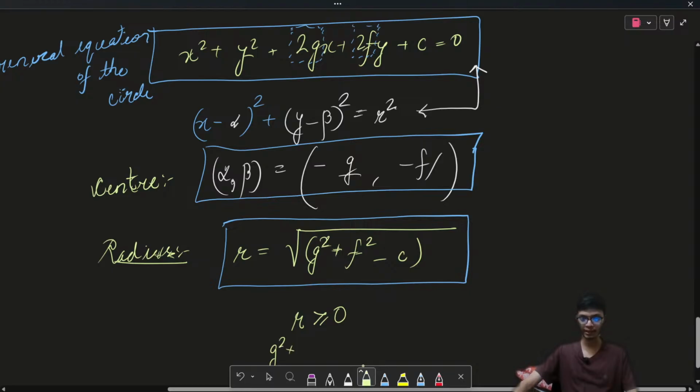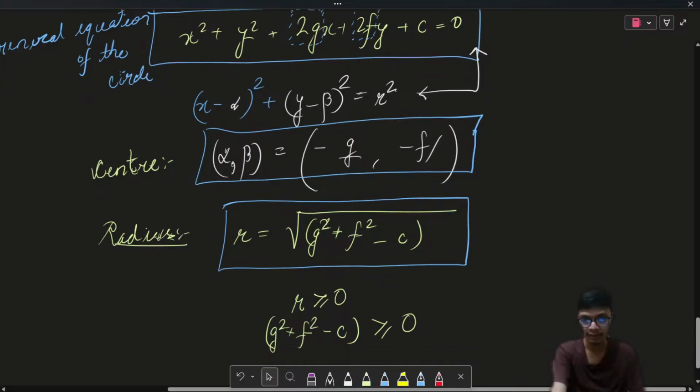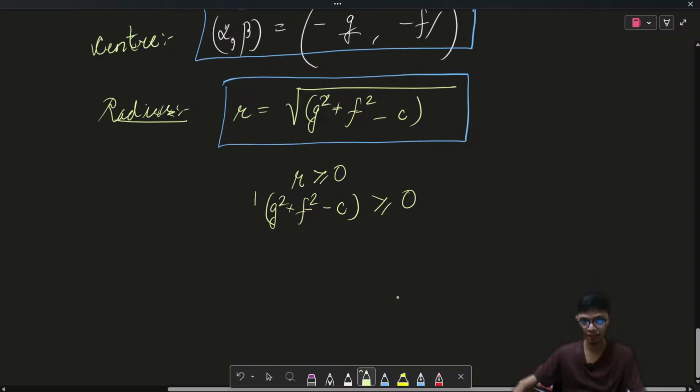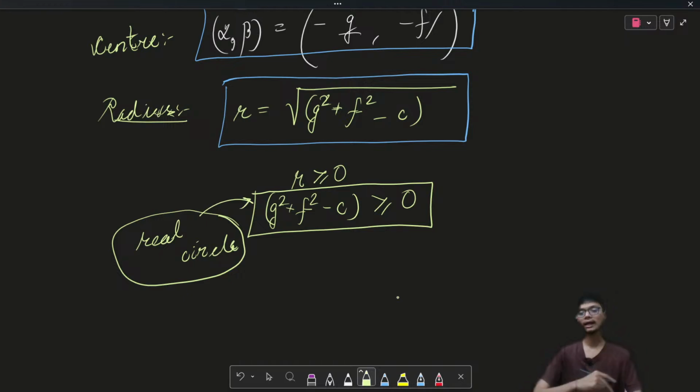That gives us another condition for a circle to exist, that g square plus f square minus c should be greater than or equal to 0. So this is another important consideration for a real circle, otherwise the radius is going to be imaginary. For a real circle, this particular condition has to be satisfied. I hope this discussion is clear to all of you.